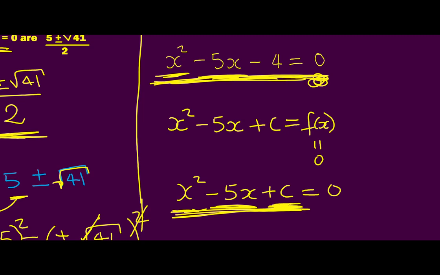is negative 4. So as you can see, you can deduce from this equation that we got as a solution from this, that our c equals negative 4.